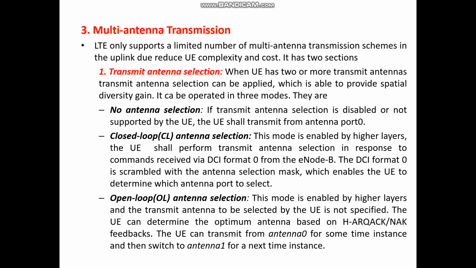The user equipment shall perform transmit antenna selection in response to commands received via DCI format 0 from the eNode B, and the DCI format 0 is scrambled with the antenna selection mask, which enables the user equipment to determine which antenna port to select. Here it is based on the feedback mechanism, which is detected by DCI format 0 from the base station.